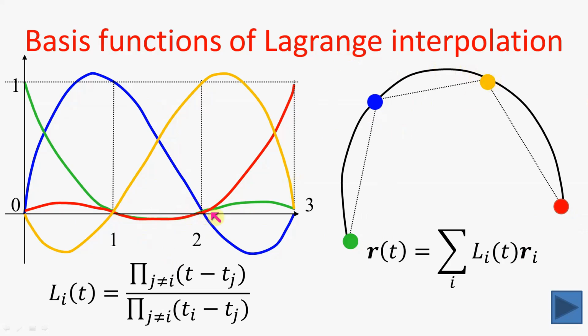If t is increased even further, then the red point will be dominant, the yellow point will lose its attractivity, the blue point repels to some degree, the green point has also some effect, but when t is equal to 3, only the effect of the red control point remains, so the curve will arrive at this red control point. This is how the curve behaves when we consider the whole parameter range.